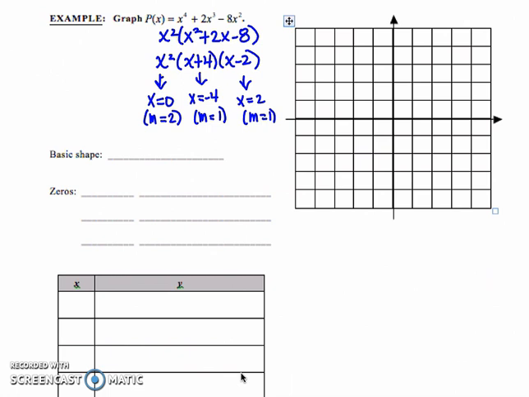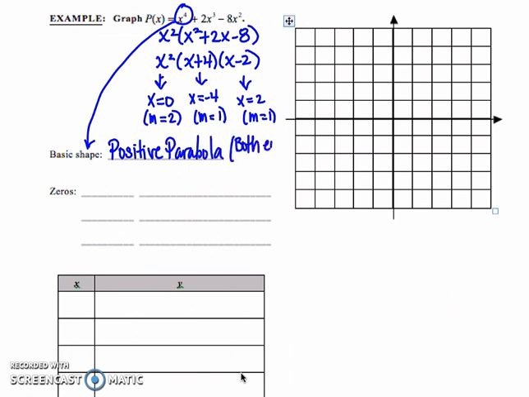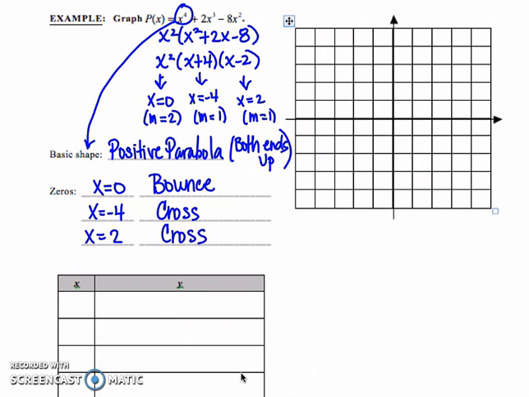I know based on end behavior rules that since my leading term here is x to the 4th, the basic shape of my graph is going to be a positive parabola, meaning both ends will be up. My 3 zeros I already mentioned, but I'll mention again, are 0, negative 4, and positive 2. And based on their multiplicity, it is going to bounce at x equals 0, and it's going to cross at negative 4 and positive 2.